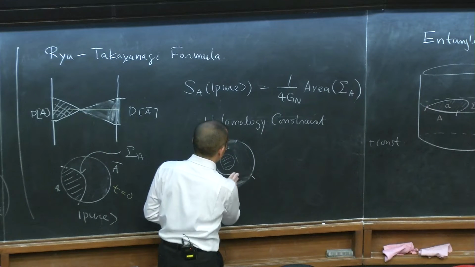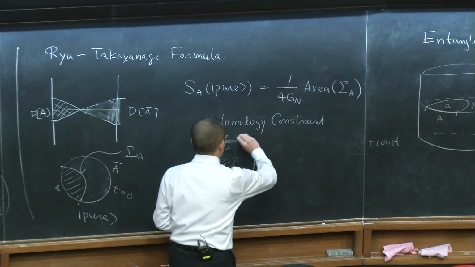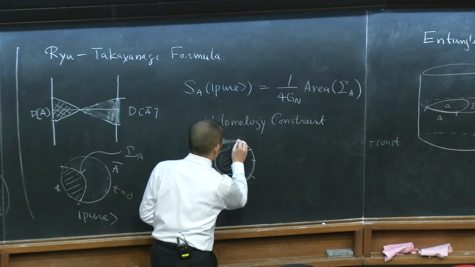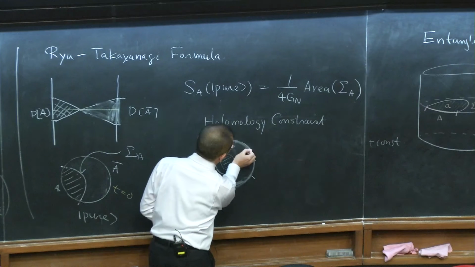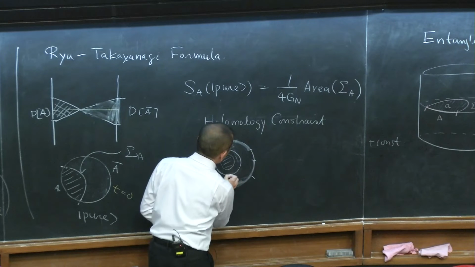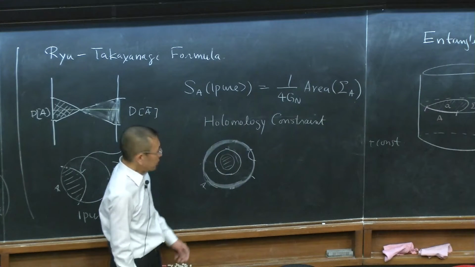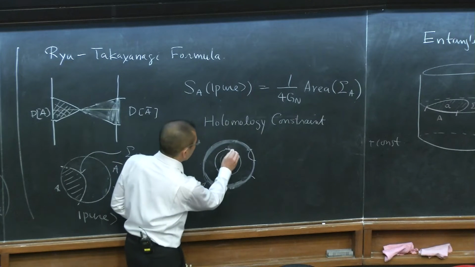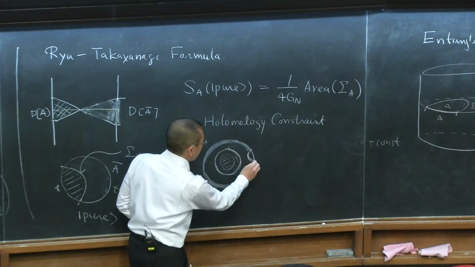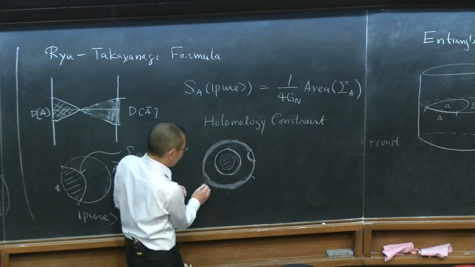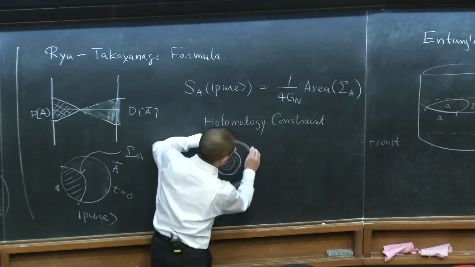eventually what the minimum surface chooses is that this would grow. So then this is going to pinch off, and then it's going to become like that. So this combination of this cycle and this cycle is still homologous to this boundary A. And eventually this disappears.